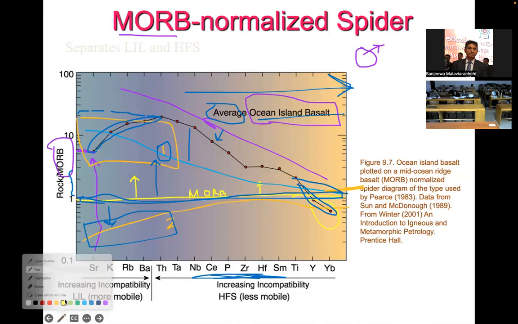suppose you are just comparing it. So several orders of magnitude difference is there, especially in this middle, sorry, moderate to high incompatible elements.